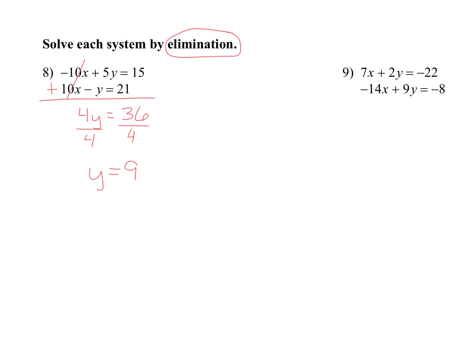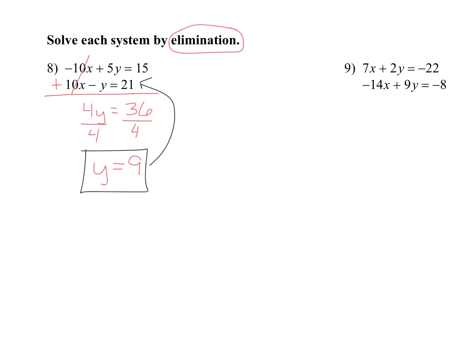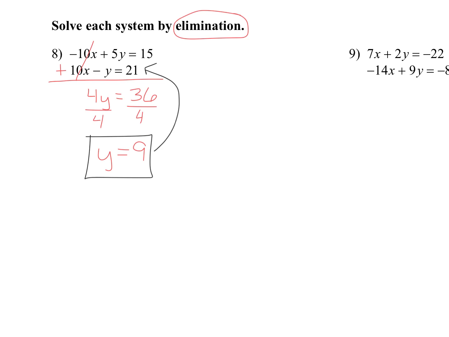We have our y, but we want to find our x. So we need to plug it back in. Where am I going to plug it back into? It honestly doesn't matter. Okay, I'm just going to pick the second one because it looks easier. Okay, so plugging it into that second equation, I have 10x minus 9 equals 21.